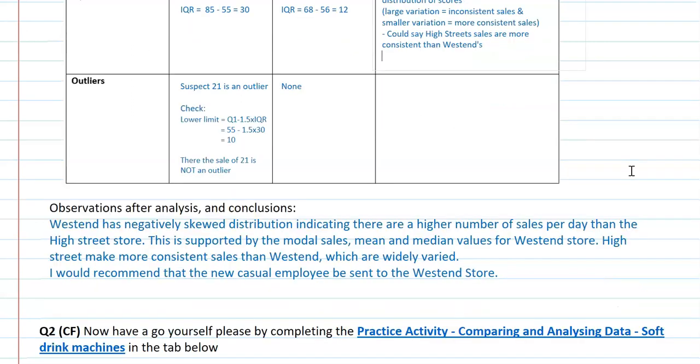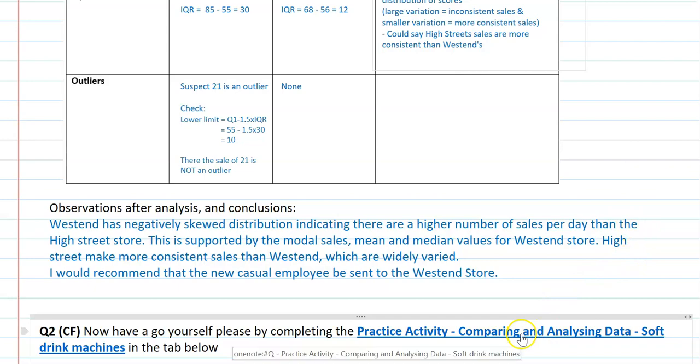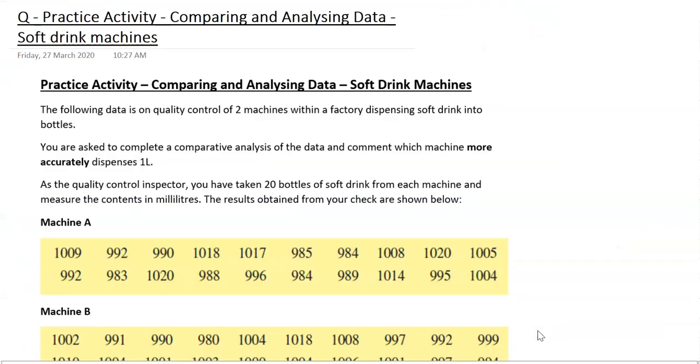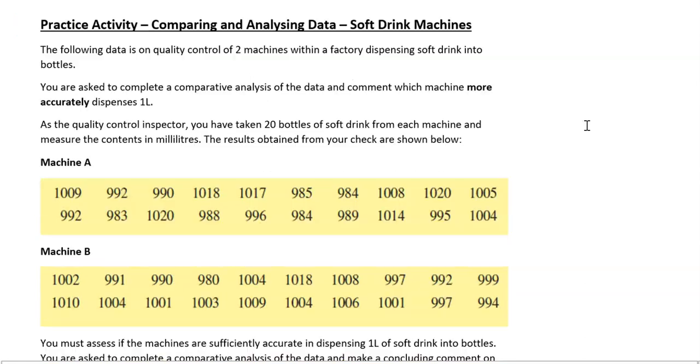Now I'd like you to have a practice at doing this with another set of data. So if you pop over to the practice activity on soft drink machines, I'd like you to analyze that data.